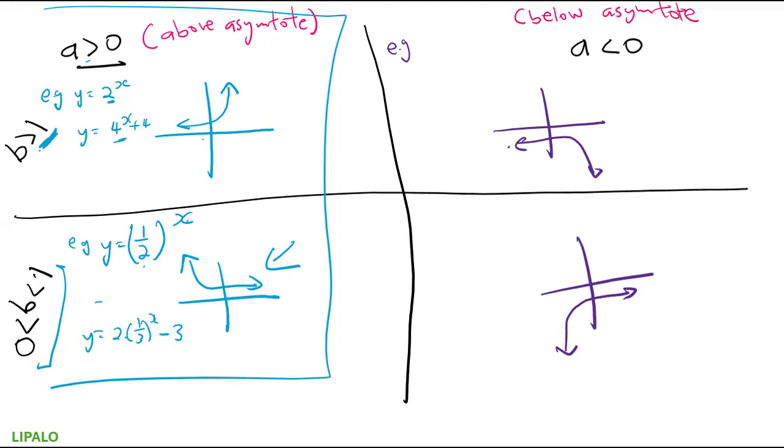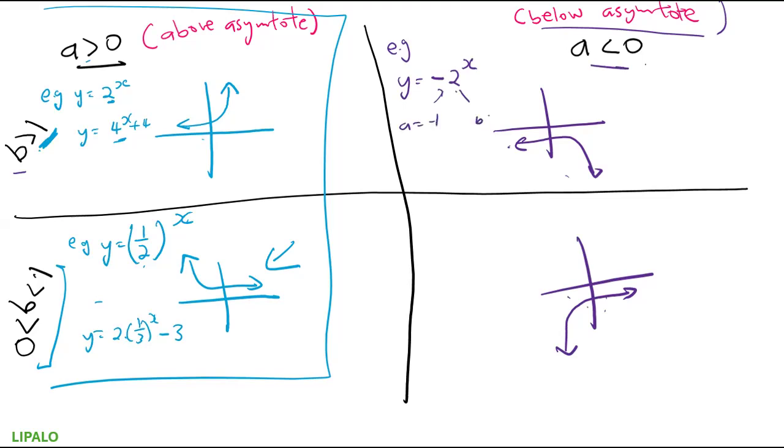Then let us look at when a is negative. If a is negative, the graph exists below the asymptote. As you can see, these graphs are below the asymptotes, right? Examples of these graphs: y is equal to negative 2 exponent x, where b is greater than 1. As you can see, b is greater than 1, but a is negative.